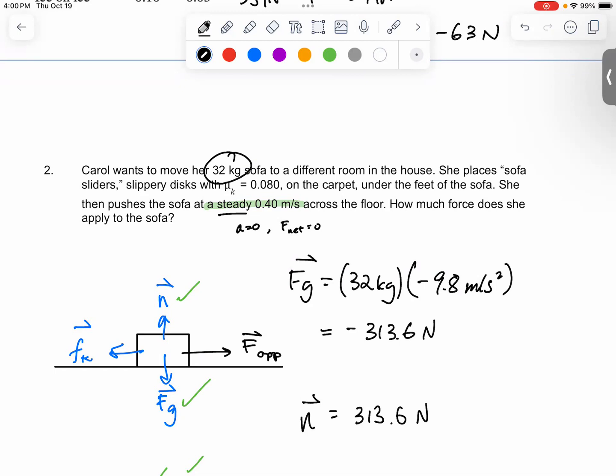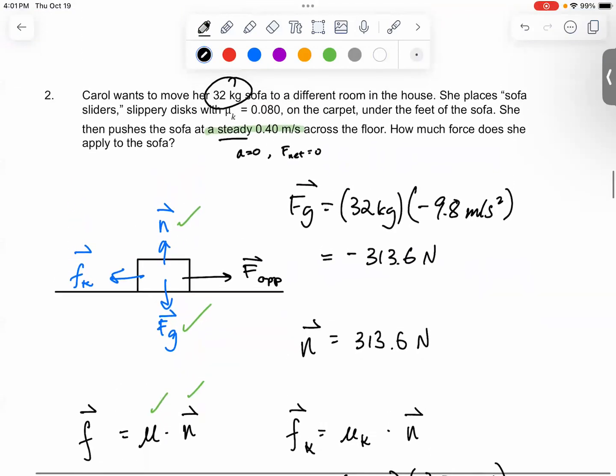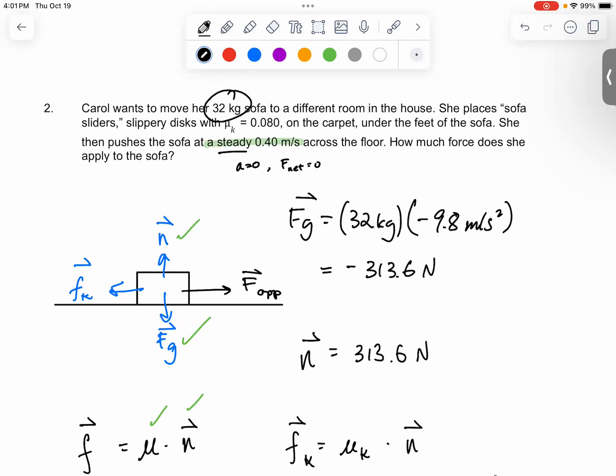I would be able to tell the normal force because they are the same, but with opposite sign. And because I have the normal force and the coefficient of friction, I shall be able to get the friction force, and that would be the value of my applied force. You've got to have this plan in order to start the problem. If you don't have the plan, well, it's just challenging.